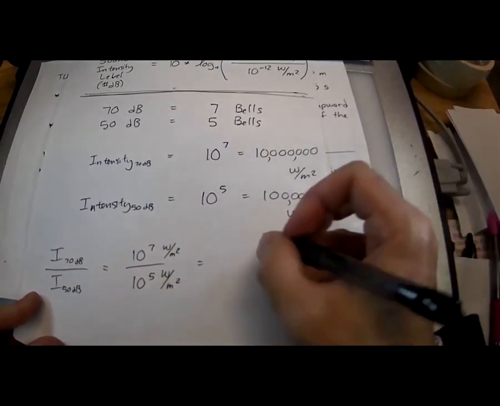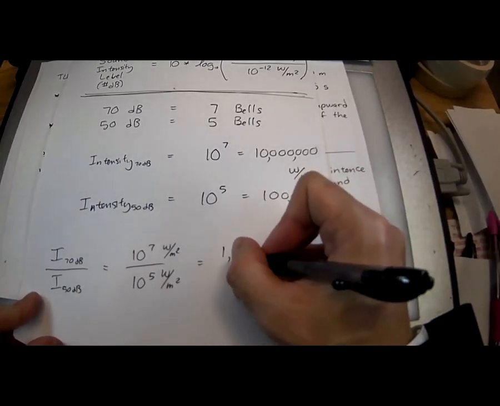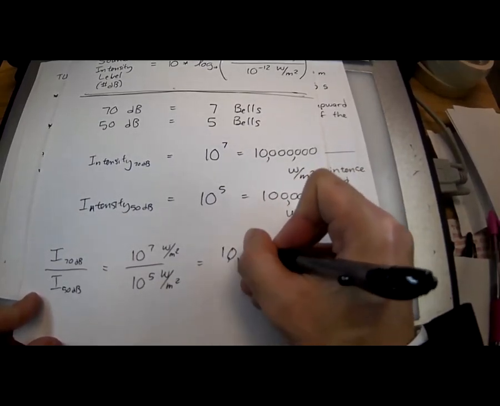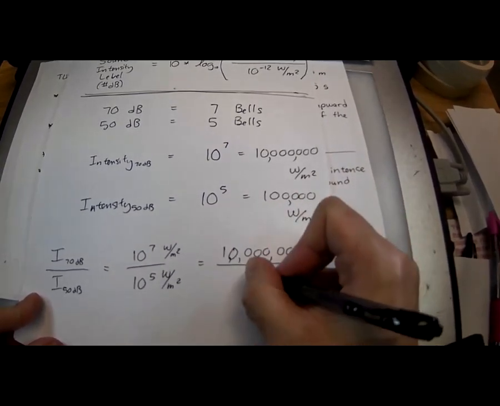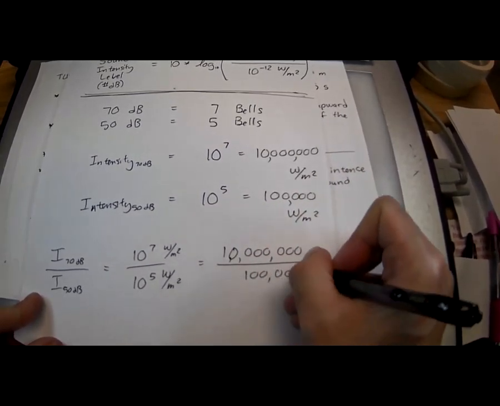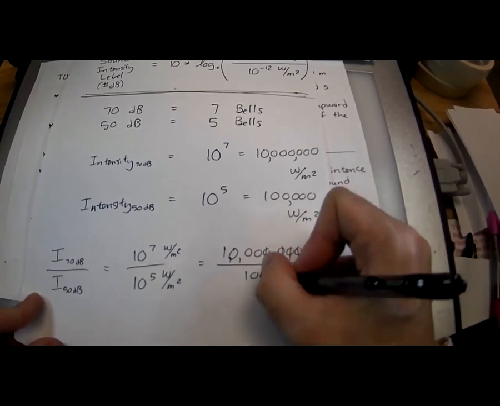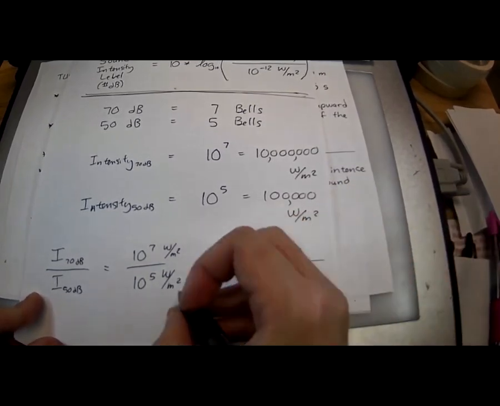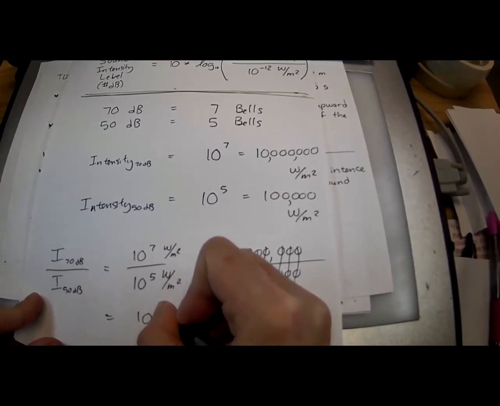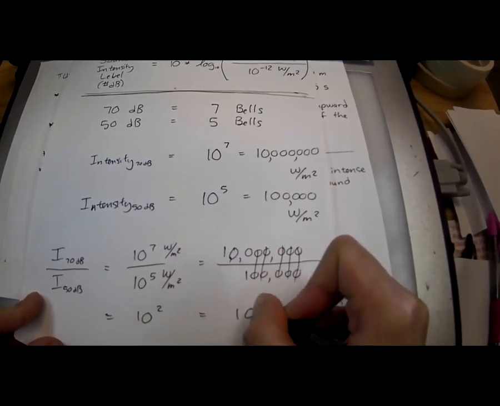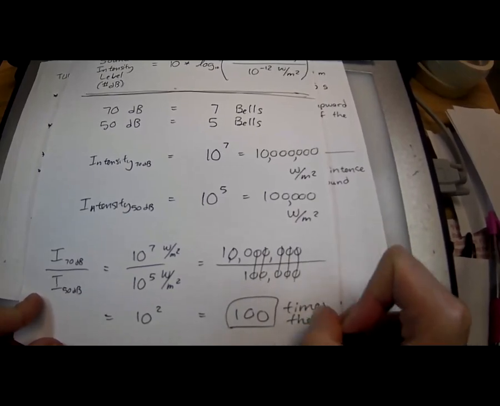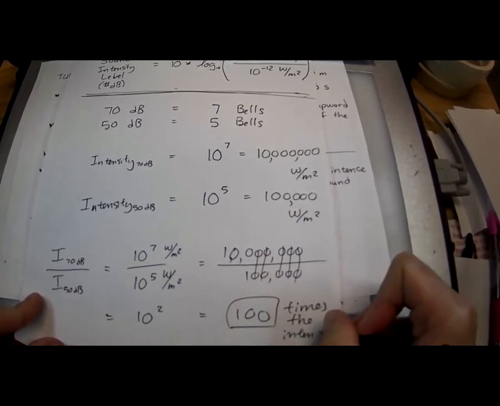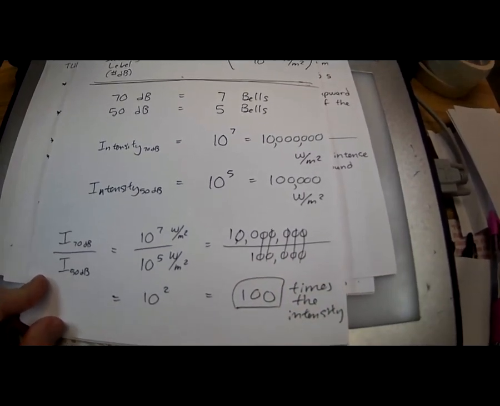If you want to see the number written out, 10 million watts per square meter compared to 100,000 watts per square meter. You guys see that's going to be 10 to the power of 2 or 100. So it's 100 times the intensity.